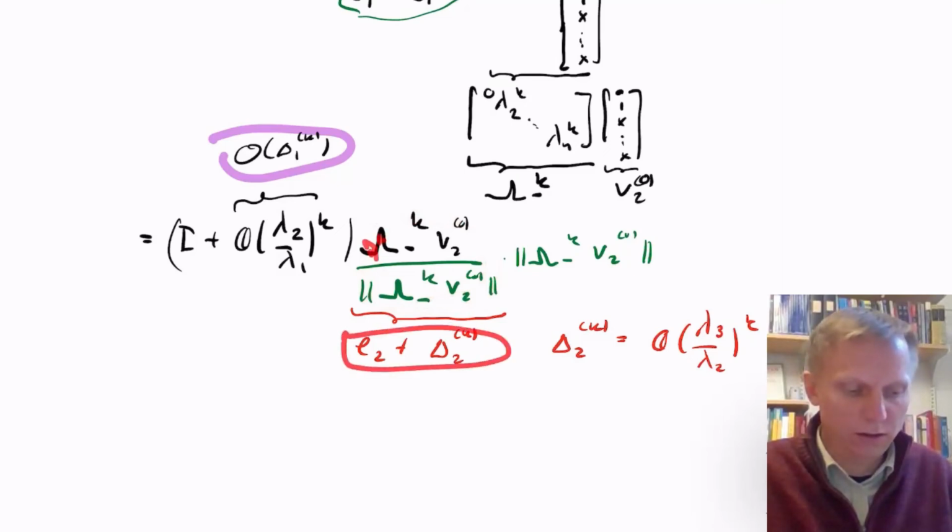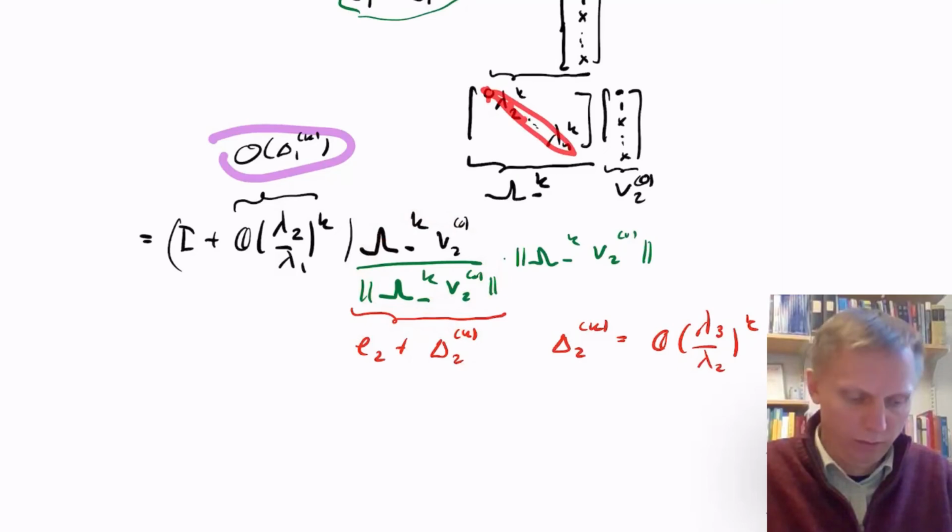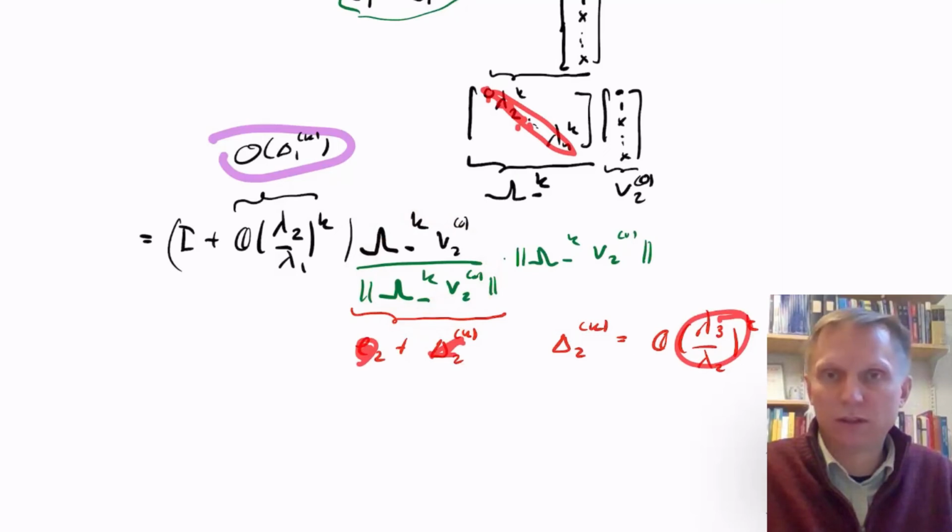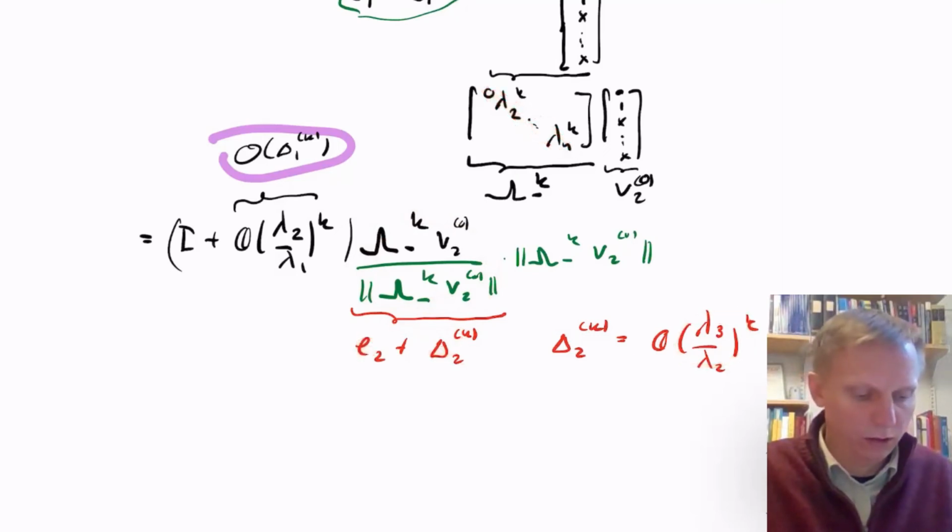The largest eigenvalue of this matrix is lambda 2. So we get E2, the eigenvector, plus some error term determined by the quotient of the two largest eigenvalues. So we get E2 plus delta 2k, where we have this quotient. And now we just have to multiply this out.